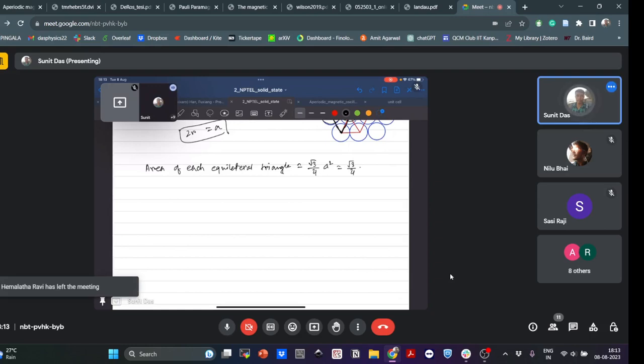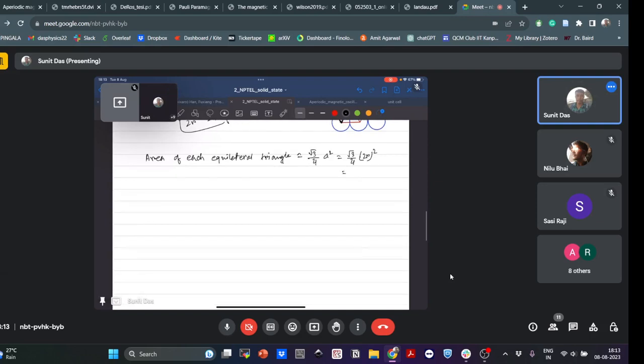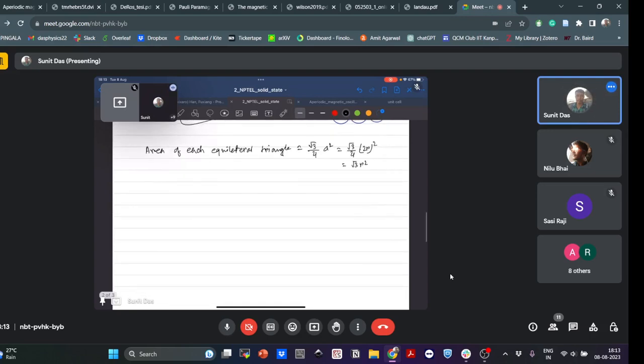Root 3 by 4 into 2r square, which is root 3 r square unit. Okay.